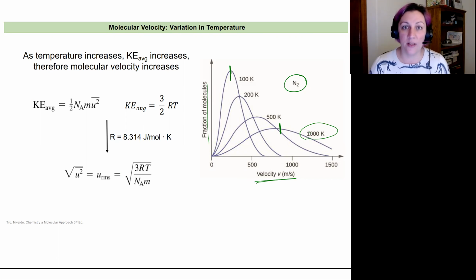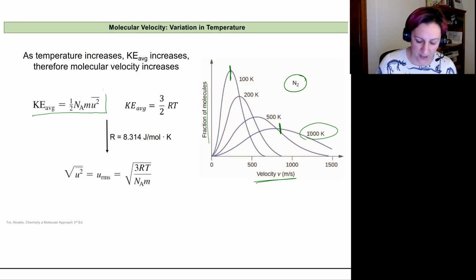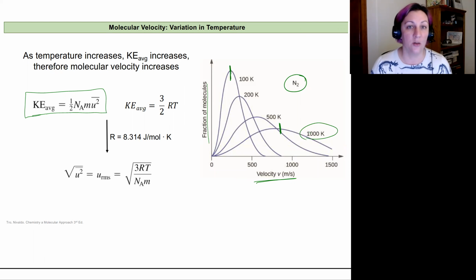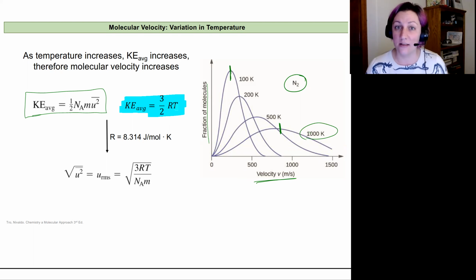We can represent this in an equation as well by combining our kinetic energy equation that we just talked about, which is 1/2 mass of 1 mole of particles times velocity squared, with another variation on kinetic energy: the average kinetic energy is equal to 3/2 RT, R being that gas constant we've talked about, and T being temperature.